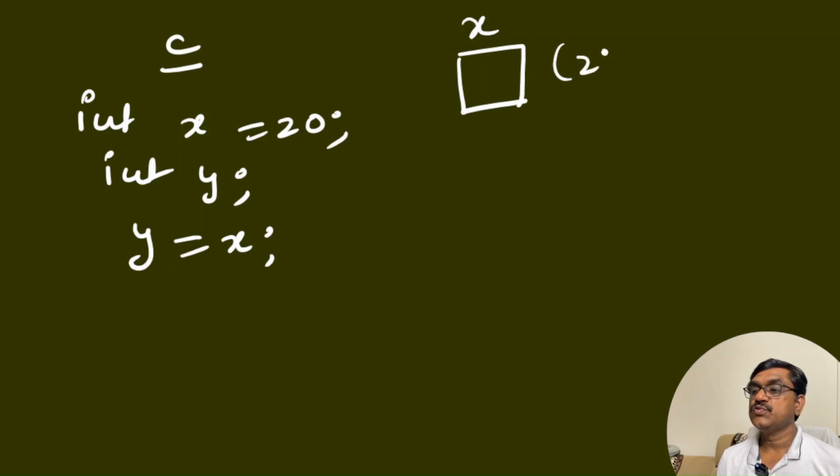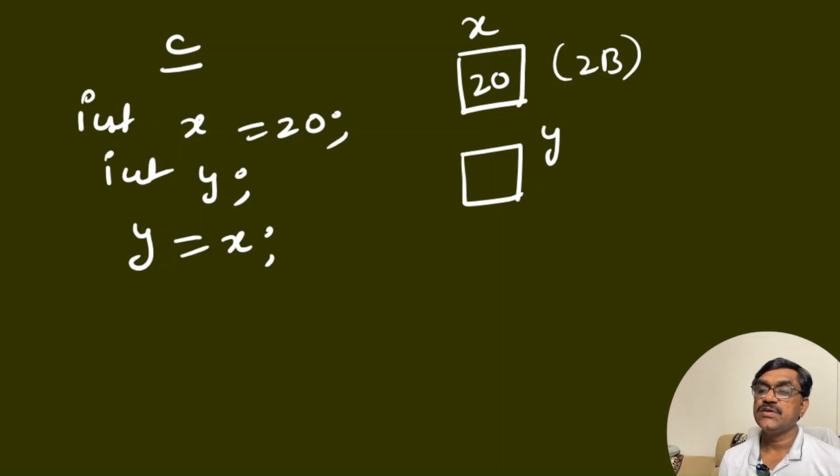How many bytes? 2 bytes of memory is allocated. Means a box is created for the variable x here. Next the value is 20. Now to store the value of x in variable y, here again we have to allocate memory for the variable y. y must be declared in advance and x must be declared in advance.